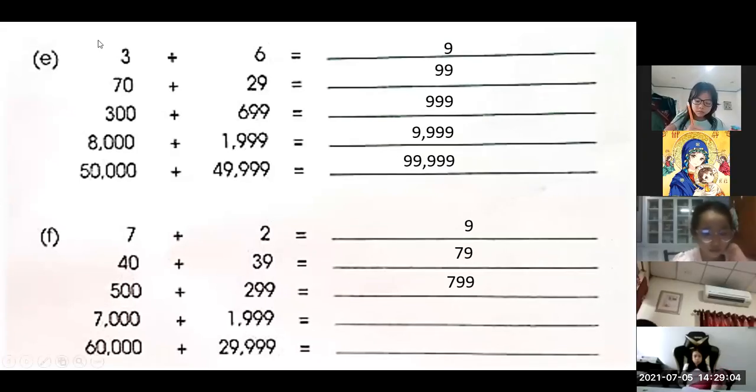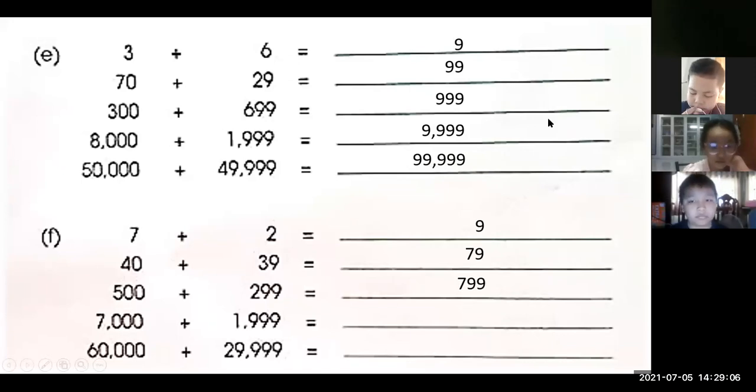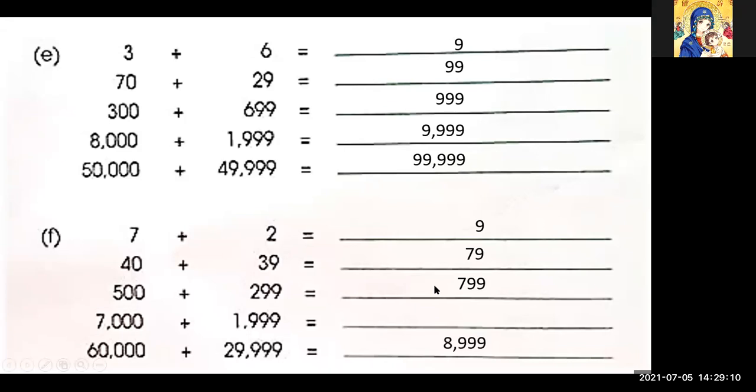Very good. So the next number here is 8,999 and 89,999. Pencils up, everybody. Okay. Pencils up.